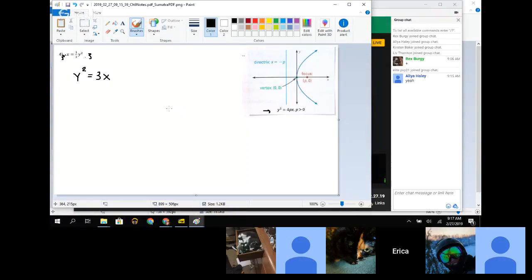So now what I have to do is set whatever is before my x equal to 4p. So 3 is before my x, and I know in my equation it's y squared equals 4px. So I need to set these two equal to each other.